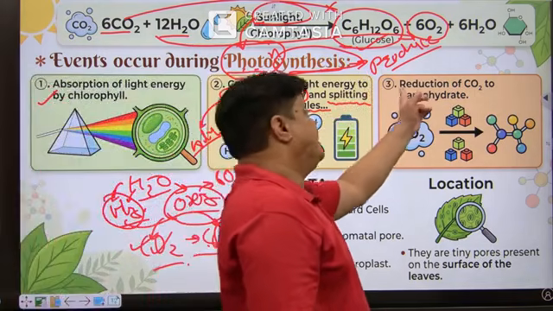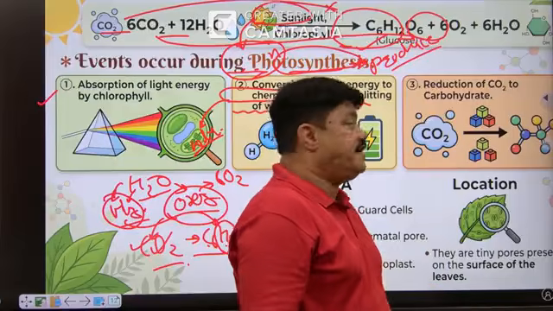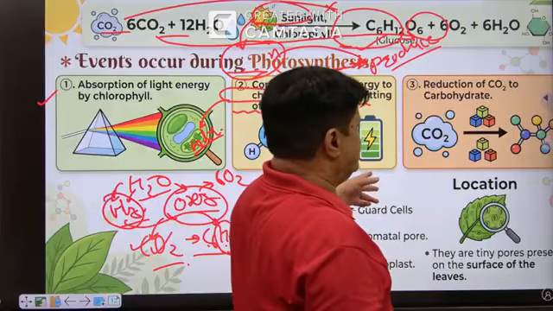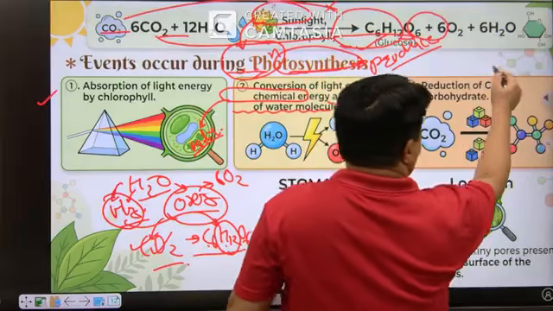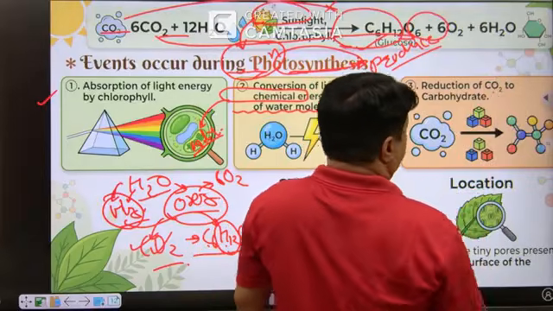That's why reduction means addition of hydrogen. In which molecule? CO2.